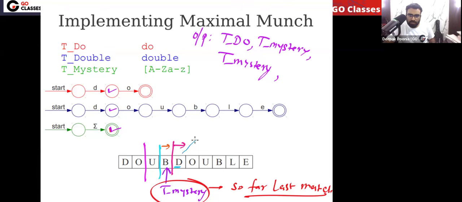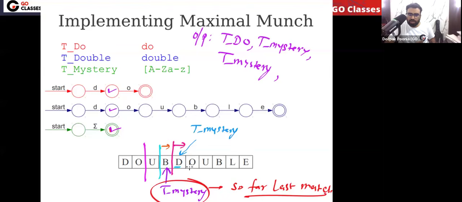Please understand: so far, this is the last match. But remember, the first two NFAs are in the race, though they are not in the final state.